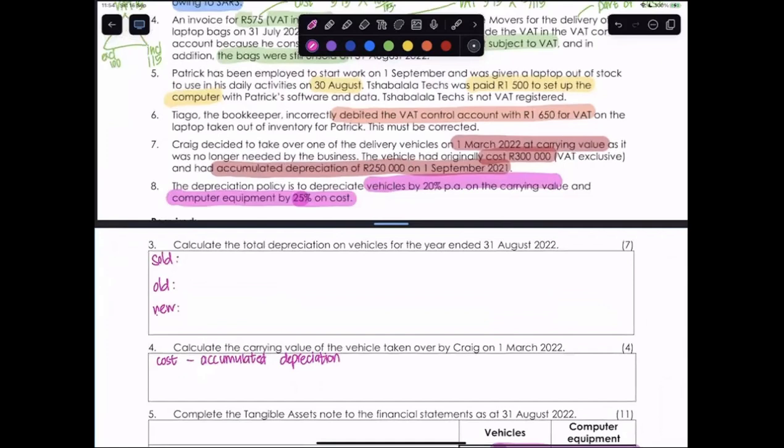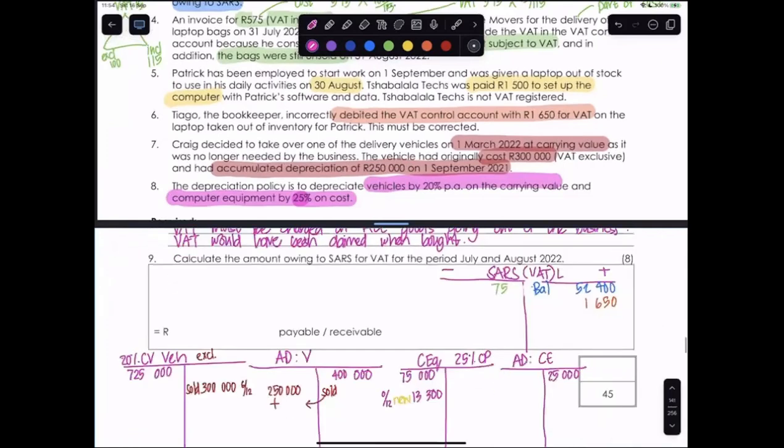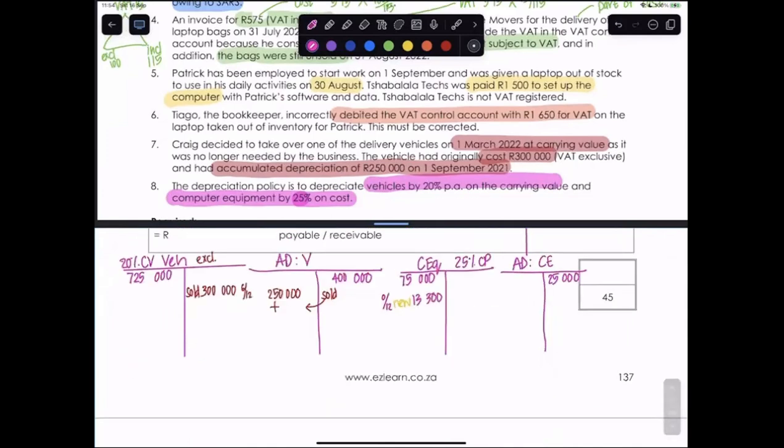To calculate all the depreciation on vehicles, the easiest way to do this is using your vehicles account. If you look at the vehicles account, you can see that obviously the sold depreciation, we would need to use the 300,000, 20% on the carrying value. So we'd need to minus the 250,000 and then times it by 6/12 that you had it.